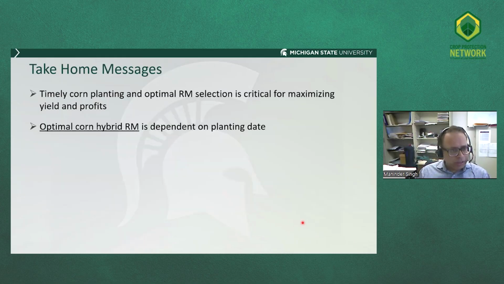To wrap things up, we are seeing that the optimal corn hybrid maturity is dependent on planting date. So we are seeing a pretty significant interaction there, not only for yield, but also yield components, test weight, moisture, and overall profits.